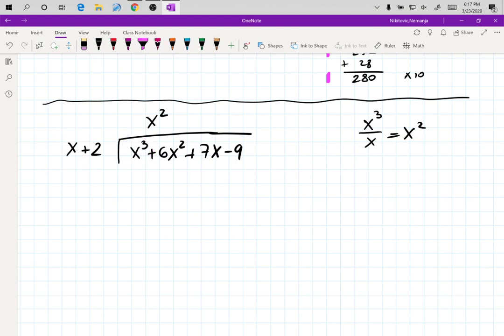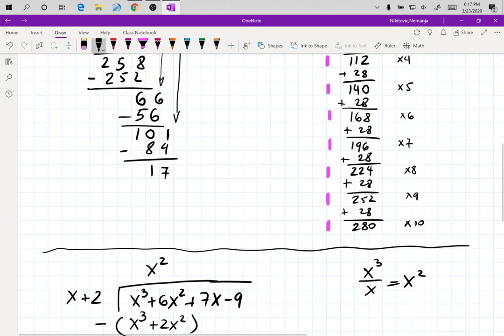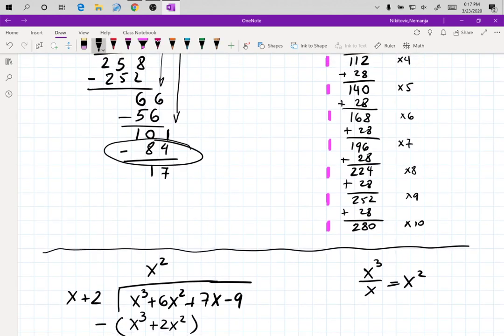Now, just like in regular numbers, you take what you got and you multiply into the polynomial. So when you do that, you will get x cubed plus 2x squared. We put that in parentheses and subtract, just like what we did for numbers, right? You subtract when you multiply back.